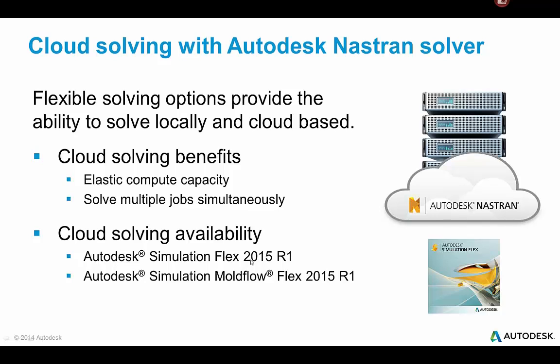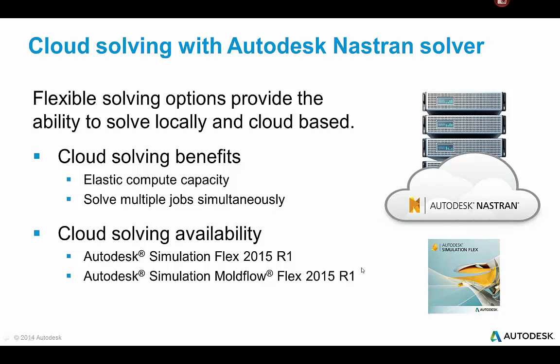But this is also available, so you can go download the Autodesk Simulation Flex 2015 R1, which includes basically everything I'm showing here. As well, for those of you who have the other flavor of the Flex version, which is called Autodesk Simulation Multiflow Flex, which has Simulation Mechanical, Simulation CFD, Robot Structural, as well as Multiflow, you can also go download the 2015 R1, which has all the new capabilities of the R1 release of Simulation Mechanical 2015.